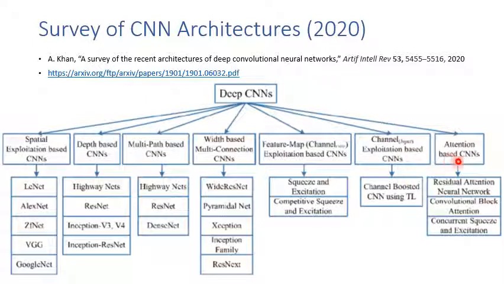The latest research focus is on attention-based modules, like residual attention neural network, which combines attention with convolutional neural networks. Of course, the latest trend is to use the transformer and not use convolutional neural networks. We will talk about it in a later class.